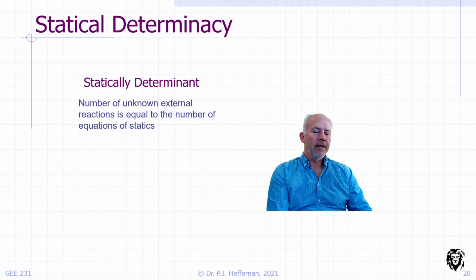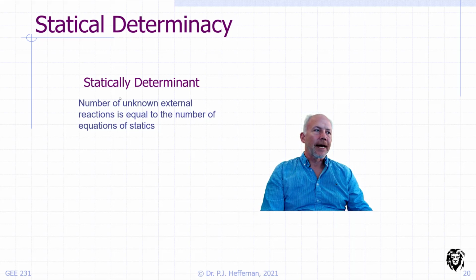One of the concepts that we need to understand is whether it is statically determinate or indeterminate. And that really is, is it stable? And if it is stable, does it have excess supports so that we can't resolve it using just static equations?